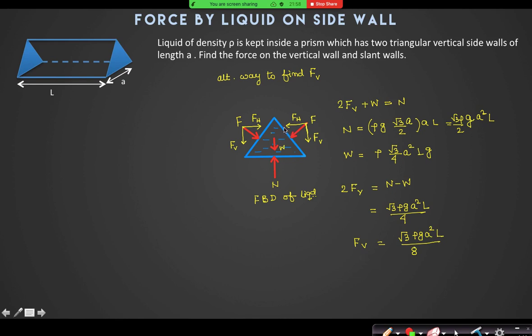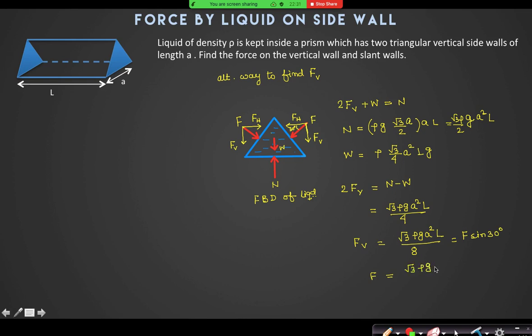Now what is Fv? If this is F, then this angle is 30 degrees. Which angle is 30 degrees? Yes, this angle, between F and the horizontal. So Fv is equal to F sine 30 degrees. What is the value of F?